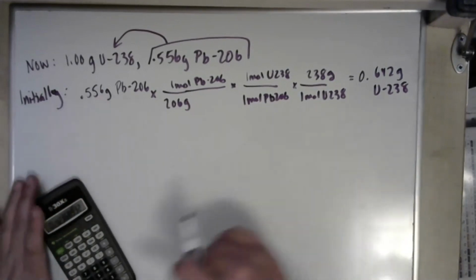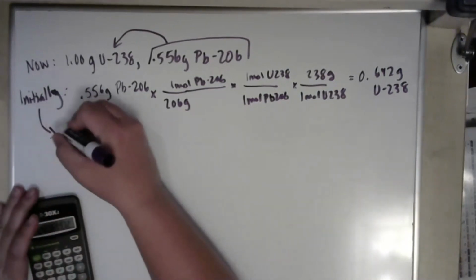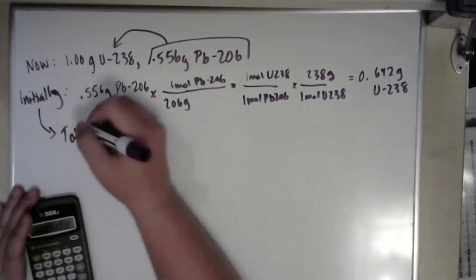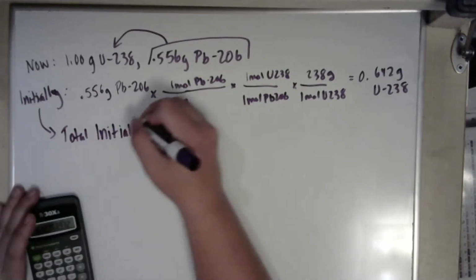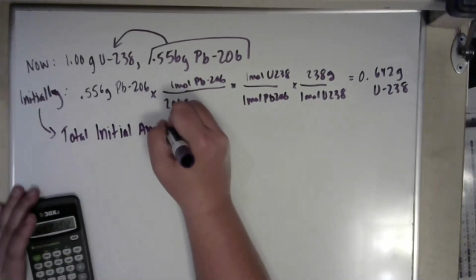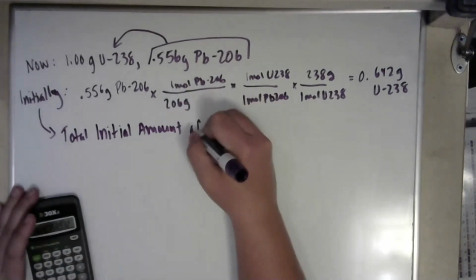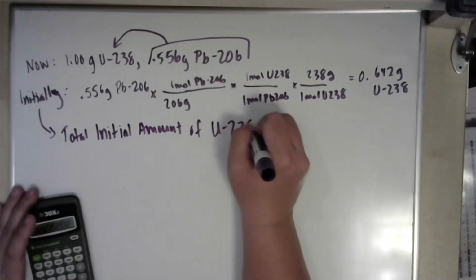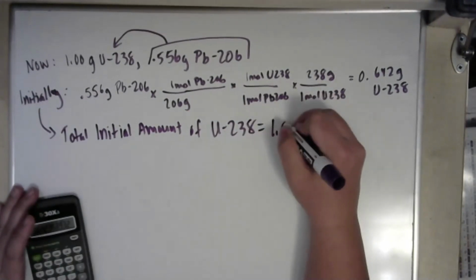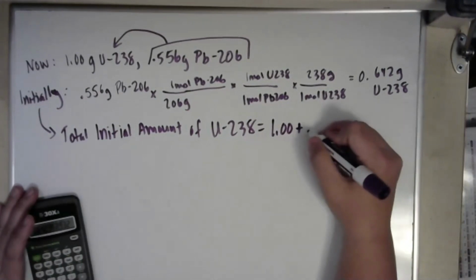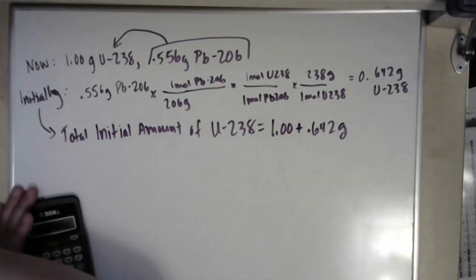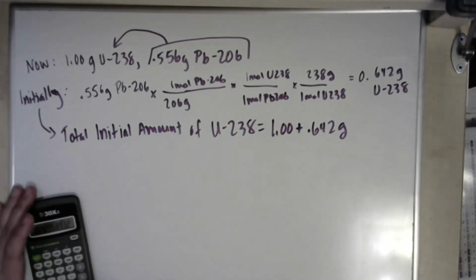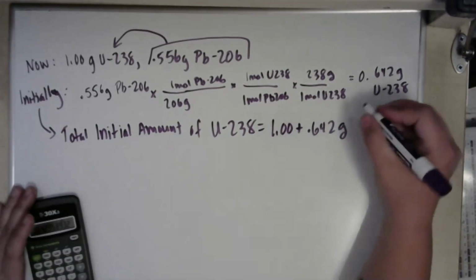So that means the total initial amount of our uranium-238 is going to be 1 plus 0.642 grams.